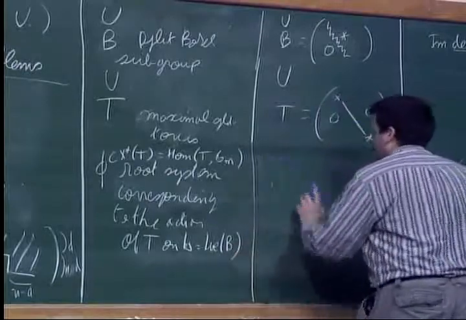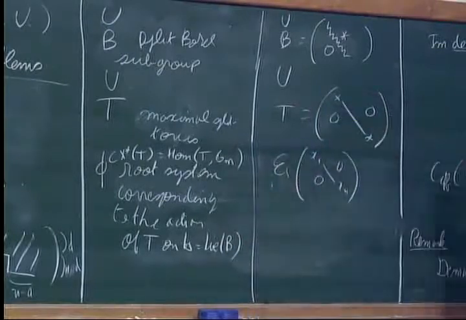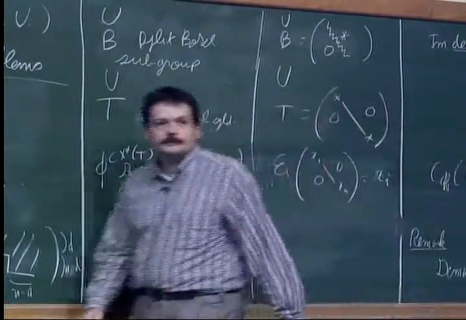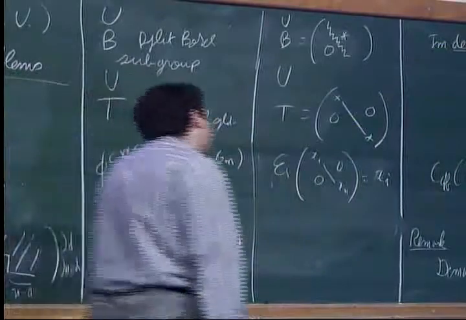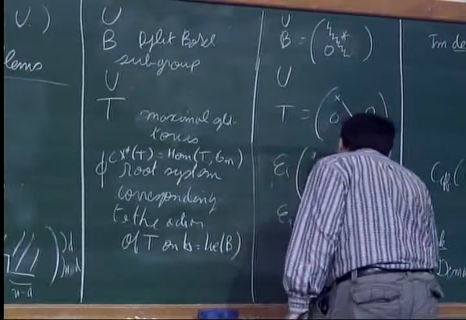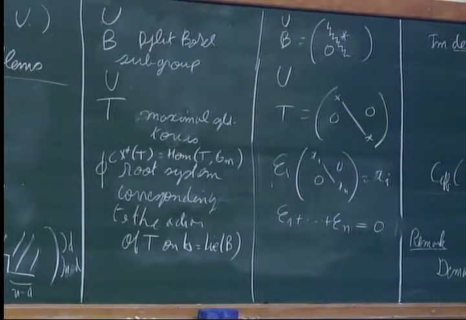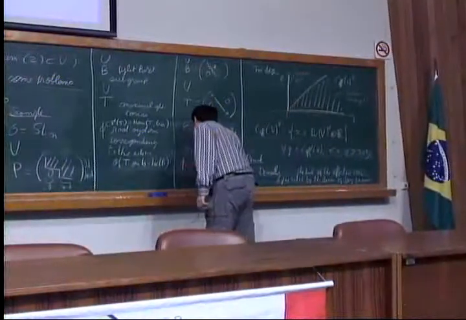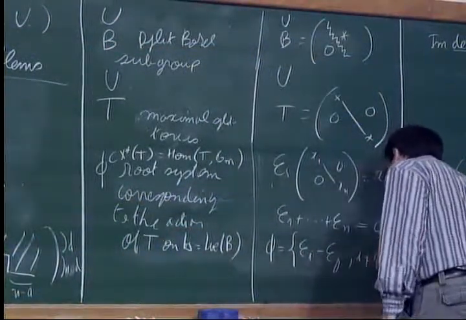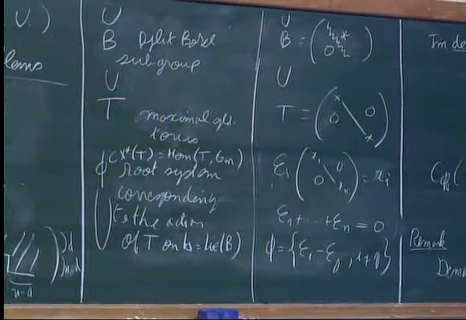So in our example, phi is given as the difference. Oh, I should define epsilon i, sorry. So epsilon i of a diagonal matrix is simply given as x_i. Then, since I am in SLN, the sum of these characters is equal to 0, and phi is given as the difference epsilon i minus epsilon j for i different from j.